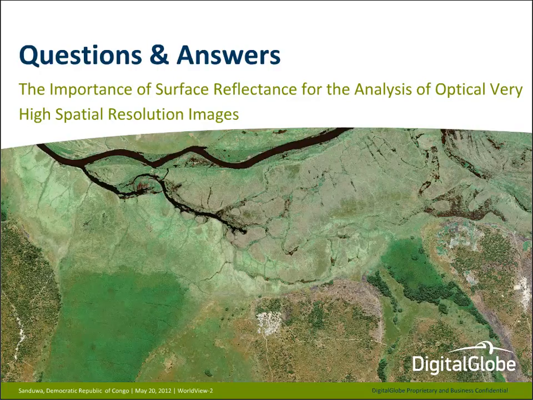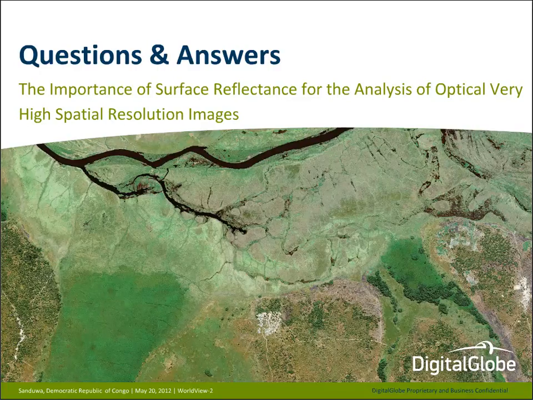So instead of delivering digital number images, where digital number usually goes from 0 to 2047 because we have 11-bit quantization, the user will get values that can be either 32-bit floating point that range from 0 to 1, which is the common surface reflectance scale, or we can also provide 16-bit integer, which are smaller in size, and for example, the range could be between 0 and 10,000.